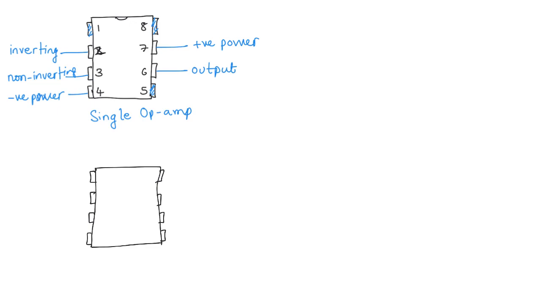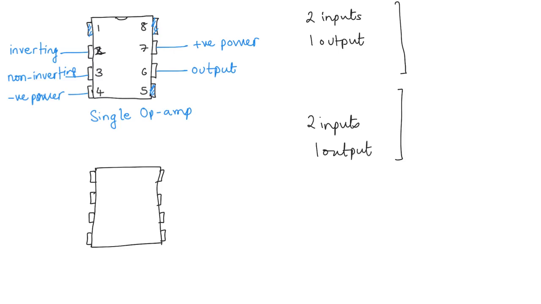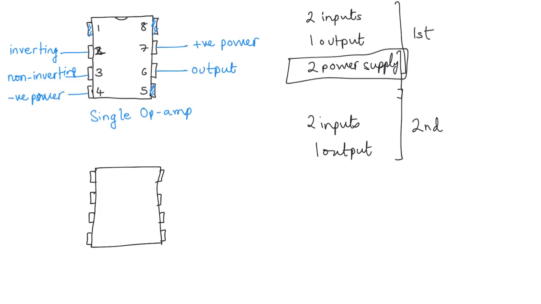The first op amp has two inputs and one output. And the second op amp also has two inputs and one output. And then you have two power supply pins, and this power supply is shared between the two op amps, and that's why we can do with 8 pins.